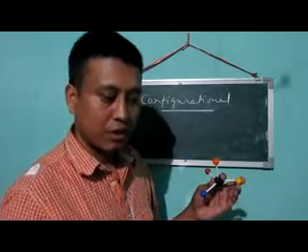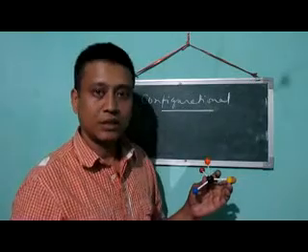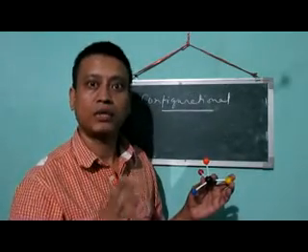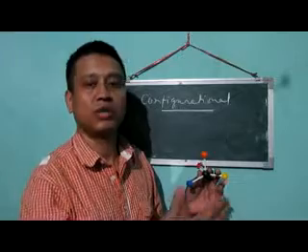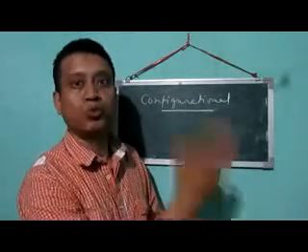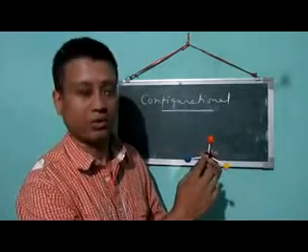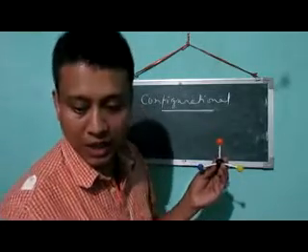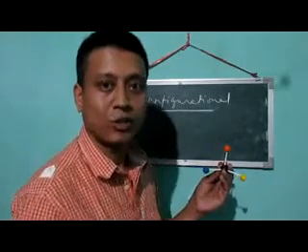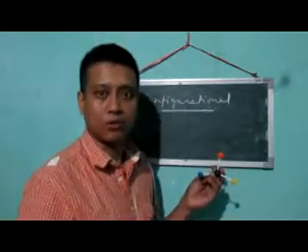Now configurational isomer is the isomer where by applying some chemical force, or chemical energy, we can get another structure where the groups will be different on that chiral carbon. Now in this molecule, suppose two types of configurational isomerism are there. One is called enantiomer, another is called diastereomer.